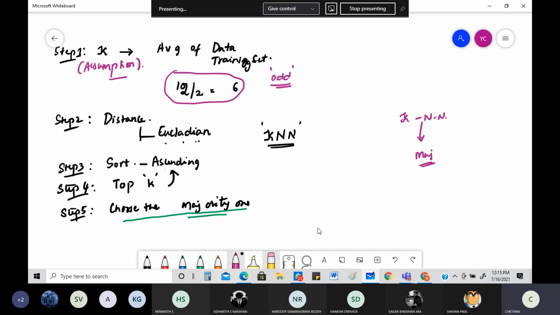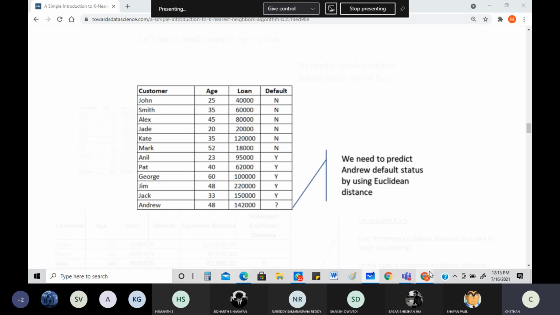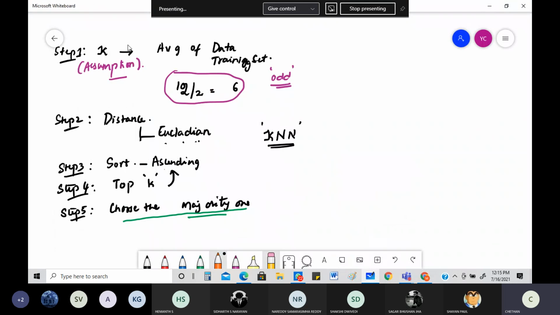So I hope now you know why we choose an odd number. You very clearly get 5.5 as an average. We are going to take 5 as our K. First step is over. So the first step, figuring out the K value, is fully done.